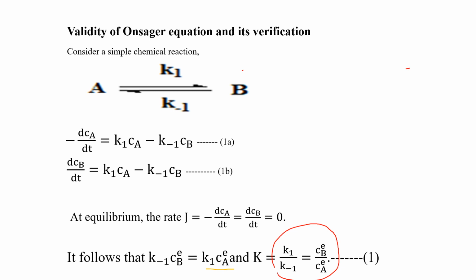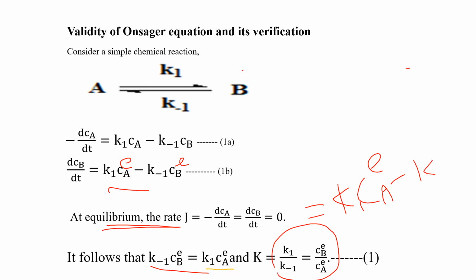Since we are discussing equilibrium, you have to use the superscript E on both the concentration terms and then equate it. So at the equilibrium state you write K1 Cae minus K minus 1 Cbe equal to 0.